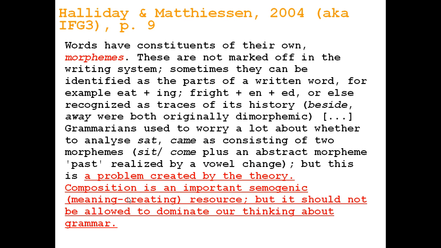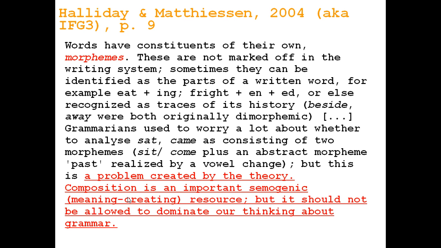They think that an understanding of morphemes is very important in order to make sense of the rank scale, but we should not let the theory stop us from concentrating on what's really important. That's communication, function, meaning. So I think this slide is very explicative of the kind of attitude that functional grammar has to structure. Structure is very important, but it's never an end in itself. It's always a means to an end.